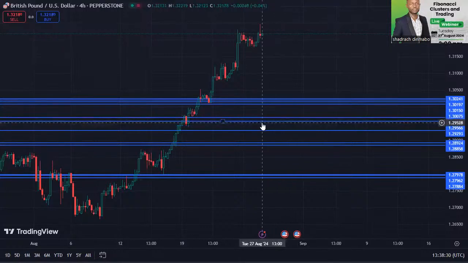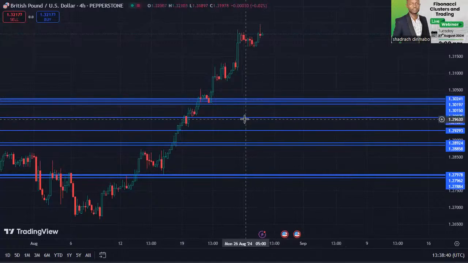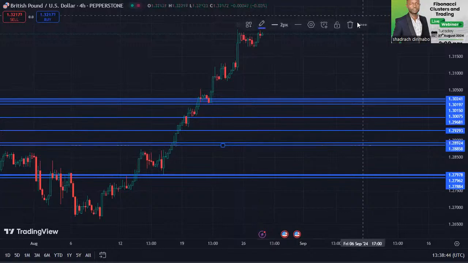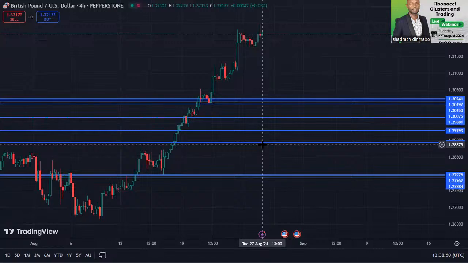So we are looking at where the clusters are concentrated. Is that okay? Yeah. Where the clusters are concentrated is what we are looking at.